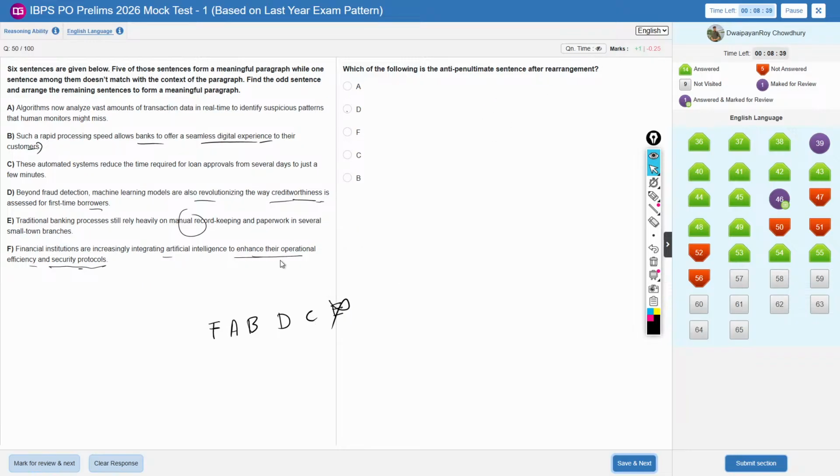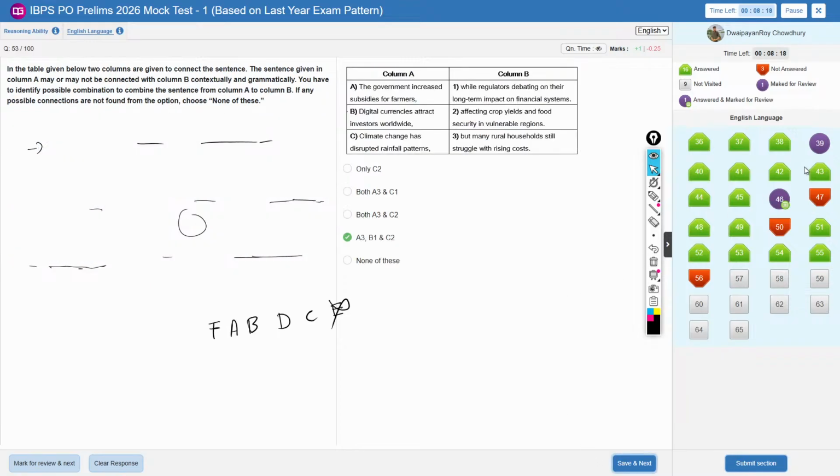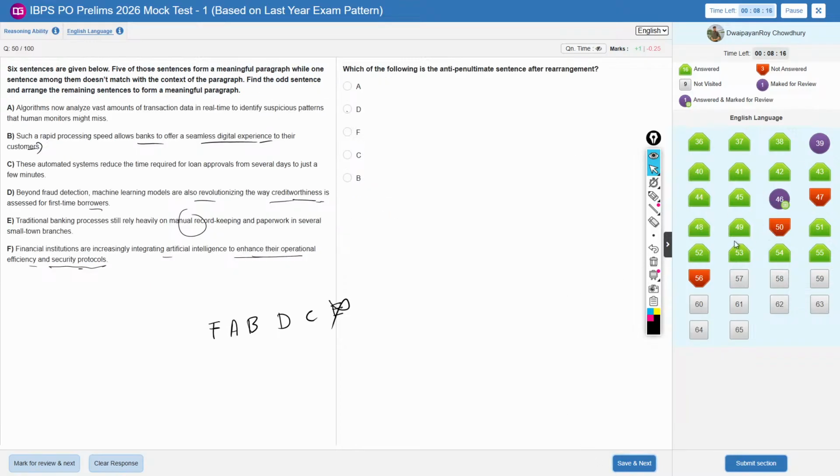Penultimate, anti-penultimate. What does it even mean? I guess D before the penultimate, anti-penultimate. I'm not much sure. Okay, let's see. First sentence is F. Fourth is D. Anti-penultimate.